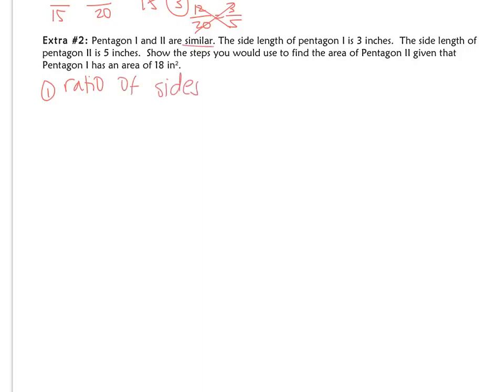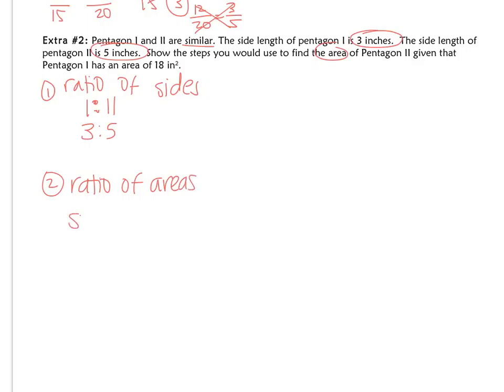Now, we are told that our figures are similar. We have a side length of 3 and a side length of 5. So if I'm doing pentagon 1 to pentagon 2, that's going to be 3 to 5. Now I'm asked to find the area. So next I need to find the ratio of the areas.